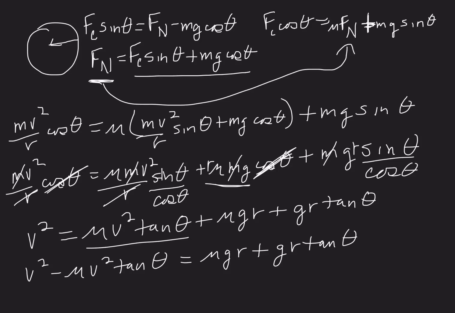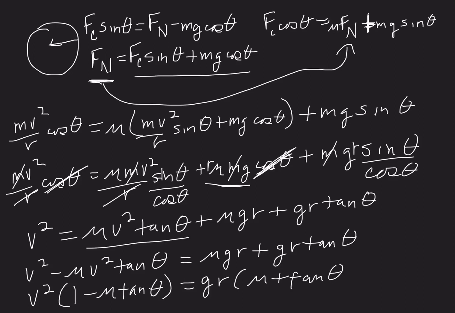And I'm doing that because I'm trying to solve a velocity equation. So I need to factor out my v squared. So I'm going to take v squared out, and I'd have what? 1 minus mu tangent theta equals, and over here I'm going to take a gr out just for fun, and I have mu plus tangent of theta.